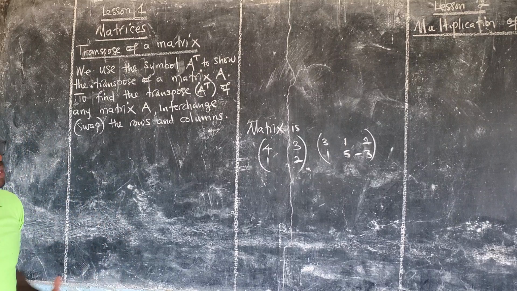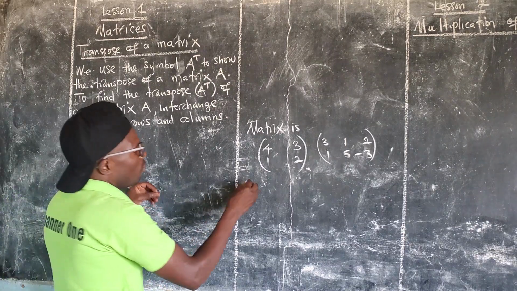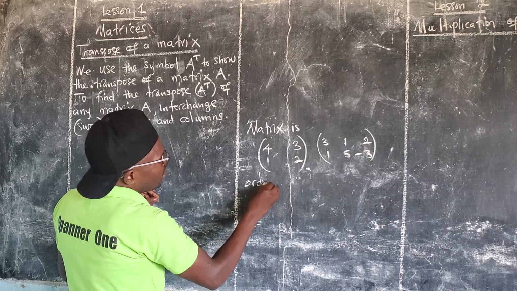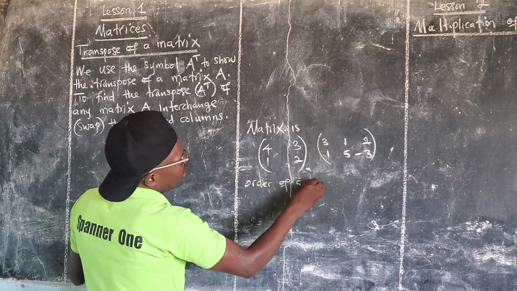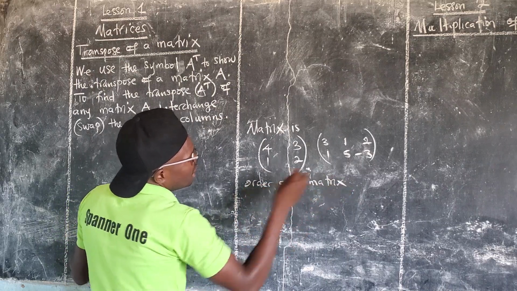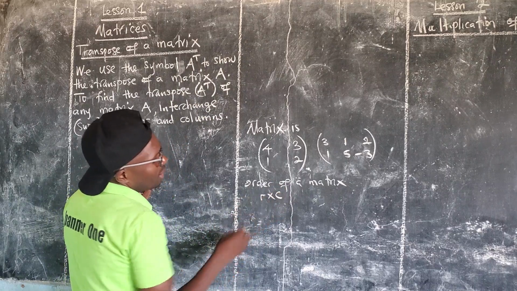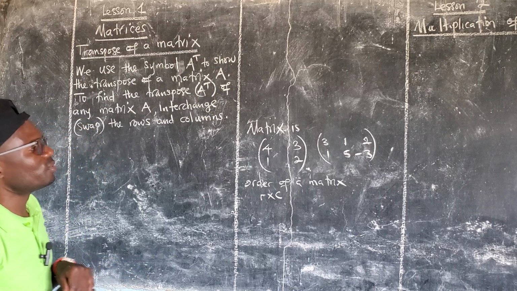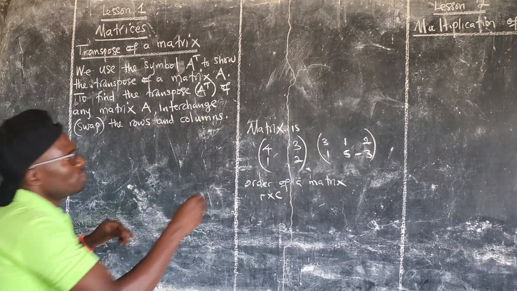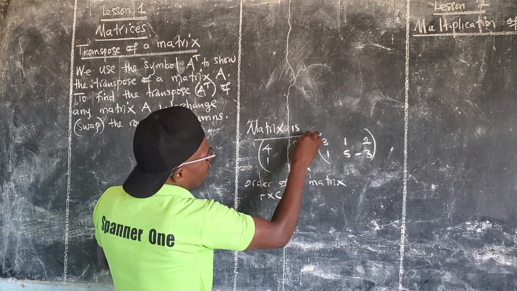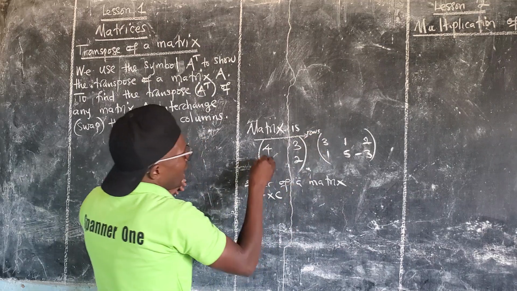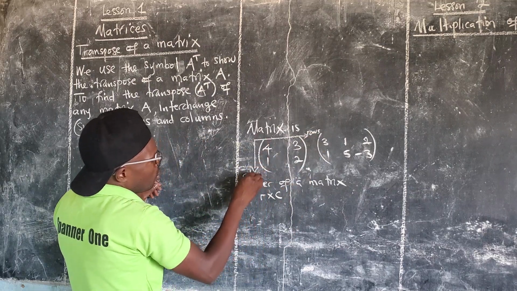Before we go any further, you're supposed to understand what is meant by the order of a matrix. How do you write the order of a matrix? The order of a matrix is given by rows by columns. These are rows, and these are columns.